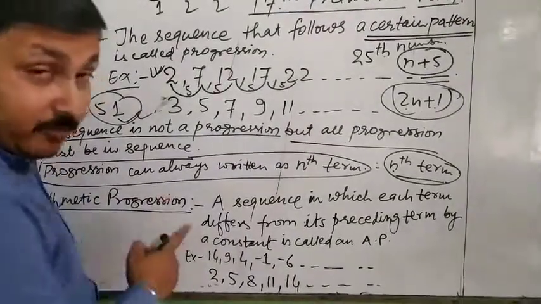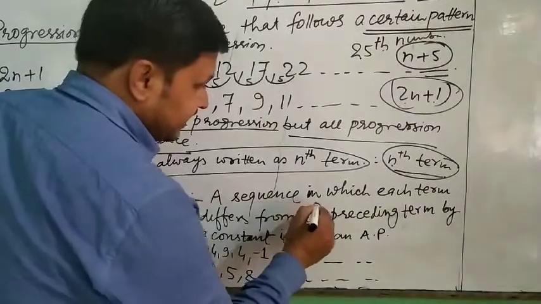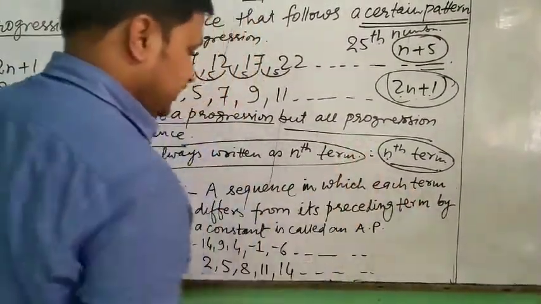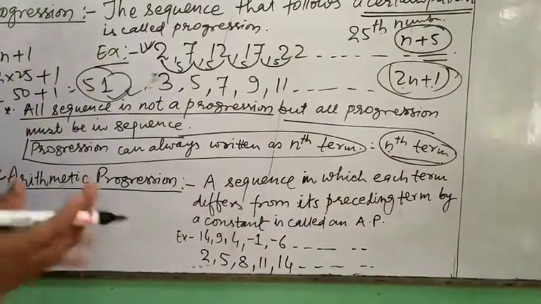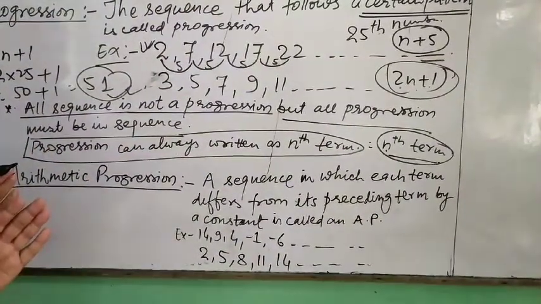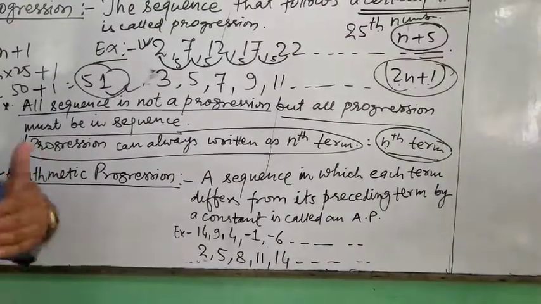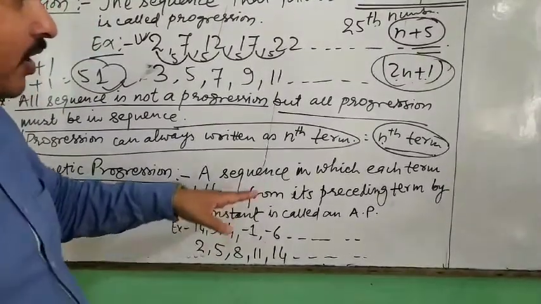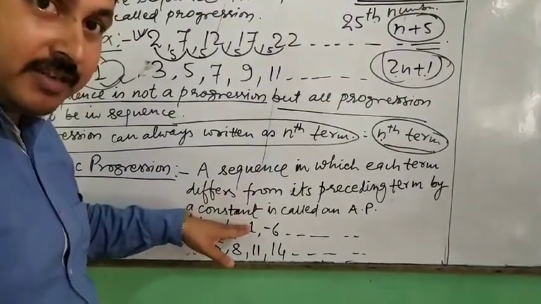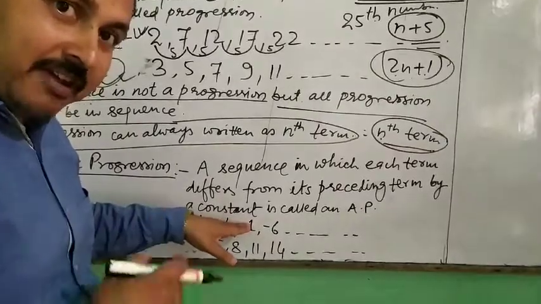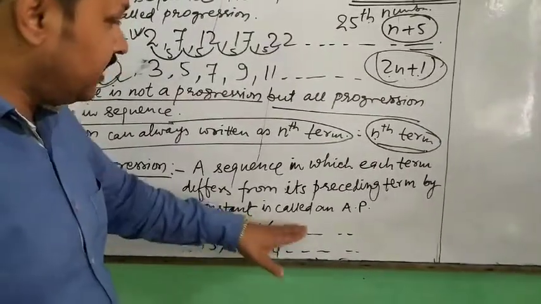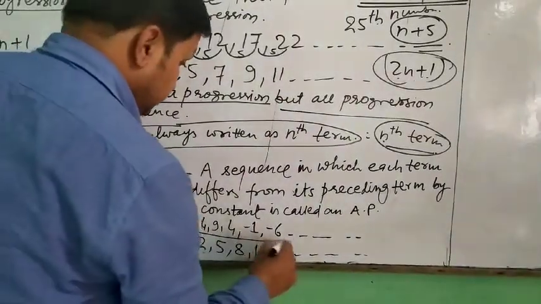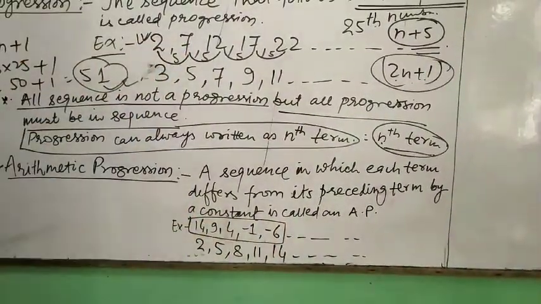What is arithmetic progression? It is a sequence in which each term differs from its preceding term, that means the term behind it, and the difference between them is common. It is a constant. Constant means its difference is everywhere equal. This is called an AP. This is your sequence and progression.